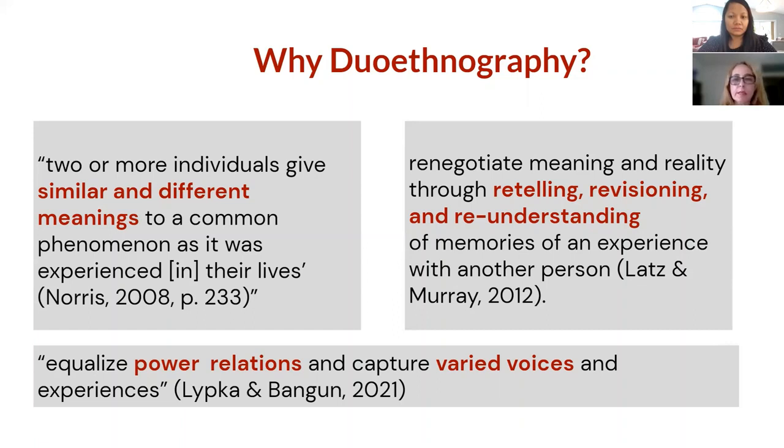At the core of duoethnography is the narration of the process through which two individuals make meaning out of a phenomenon, and it is typically embedded in power relationships. In other words, duoethnography renegotiates meaning through retelling, revisioning, and re-understanding of experiences.